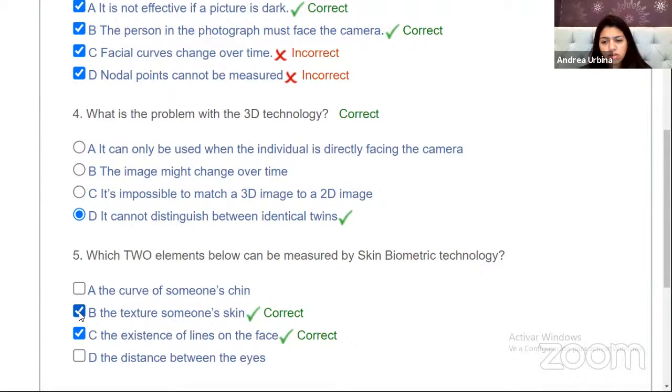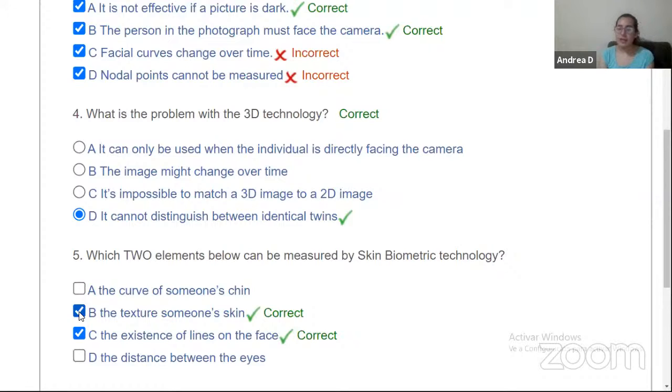But also think of it this way, right? Even if you don't have the specific details, you should remember, and that's why it's important that you pay attention, and listen and take notes at the same time. Multitasking. So 2D technology was mostly about the shape of your face, right? The distance between the eyes, the length of the nose, that kind of stuff. Now the 3D one was about different angles, and also about some aspects of the shape of your face, but things that don't change with time.